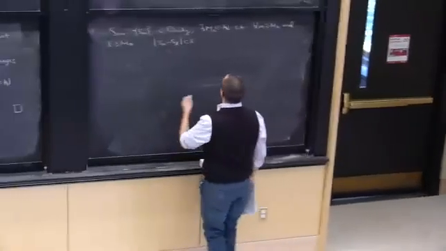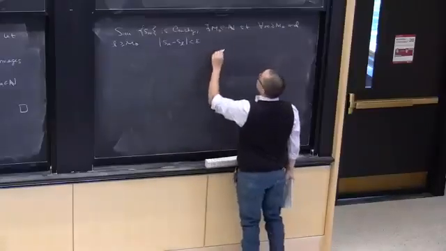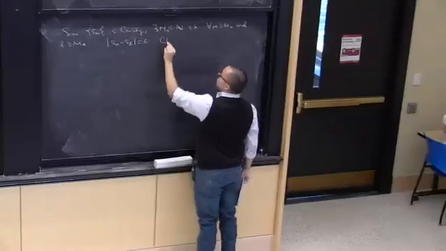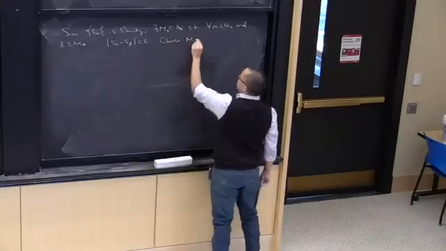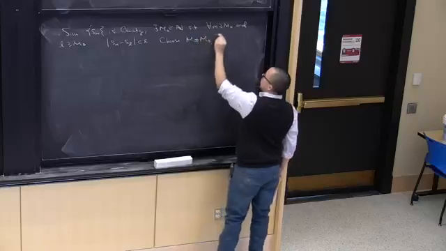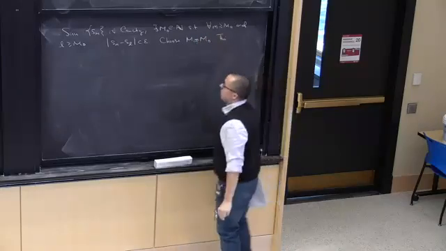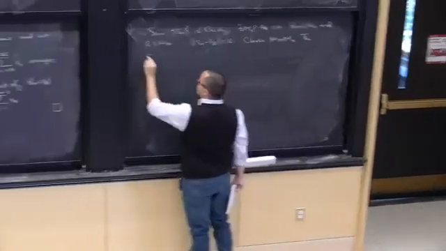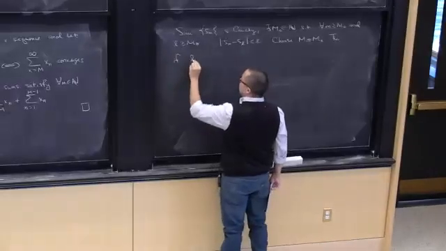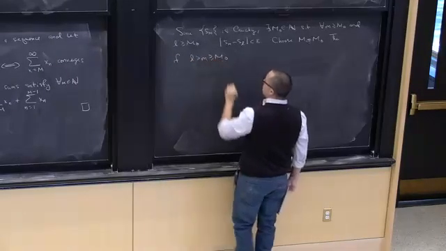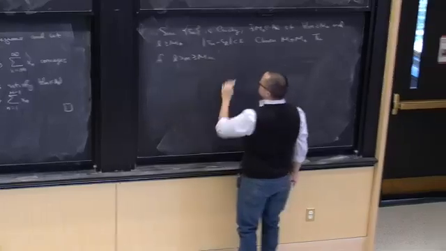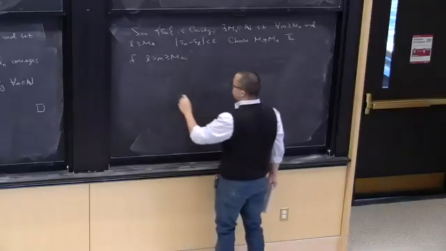So we're actually going to take capital M to be this m naught. Choose M to be m naught. Then if L is bigger than m, which is bigger than or equal to m naught, which is equal to capital M.